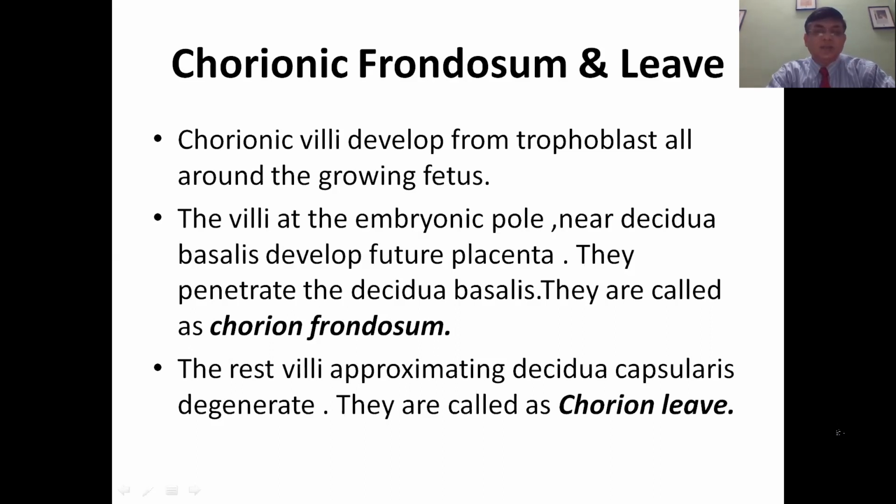Next slide. The villi at the embryonic pole, near the decidua basalis, develop into the future placenta.